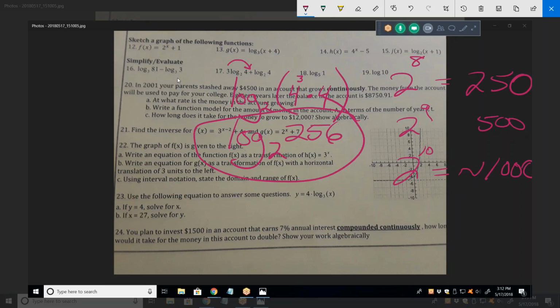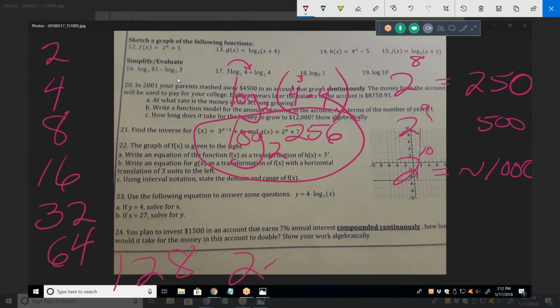The hard way is to remember 2 to the 1st, 2 squared, 2 cubed, 2 to the 4th, 5th, 6th, 7th, and that would be 2 to the 8th.